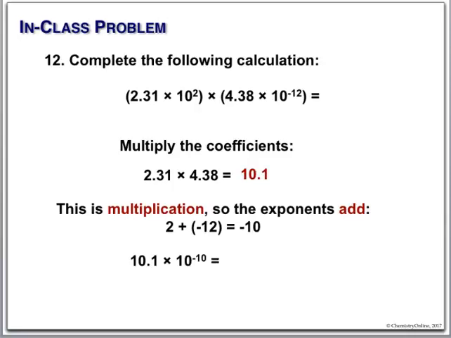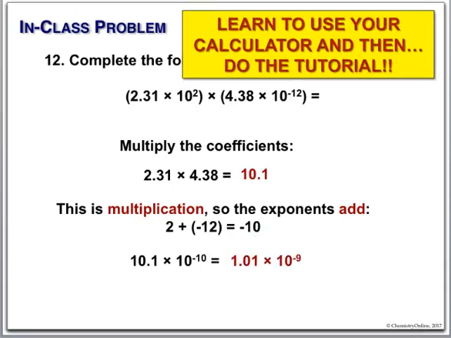Now, unfortunately, this isn't quite in the standard format. Remember, we want 1 digit before our decimal, so we have to move this to the right one more. And when we do this, because we're moving to the right, it's going to drop this to 10 to the minus 9.